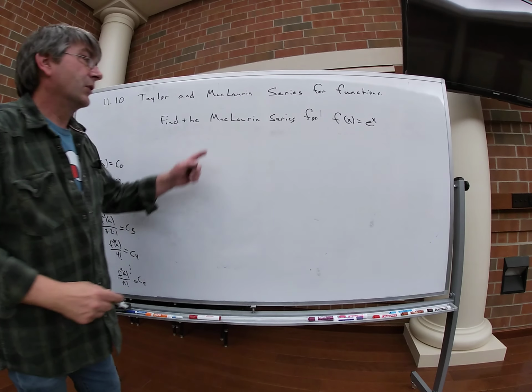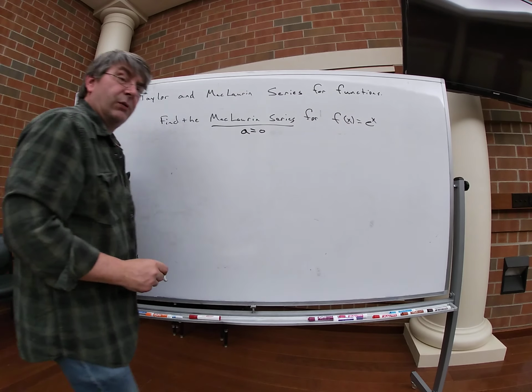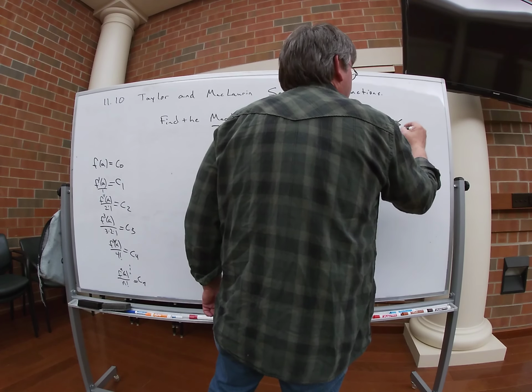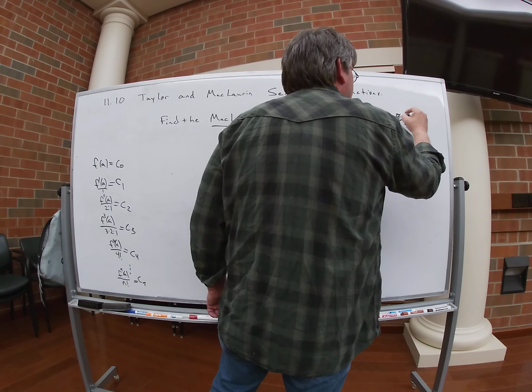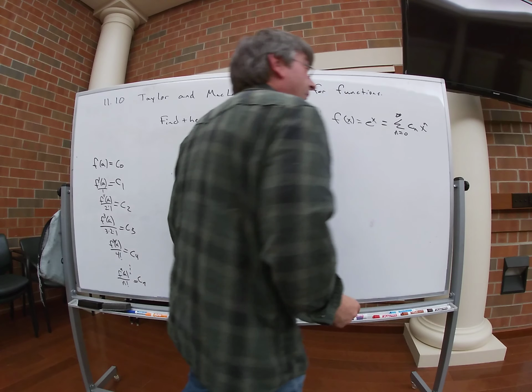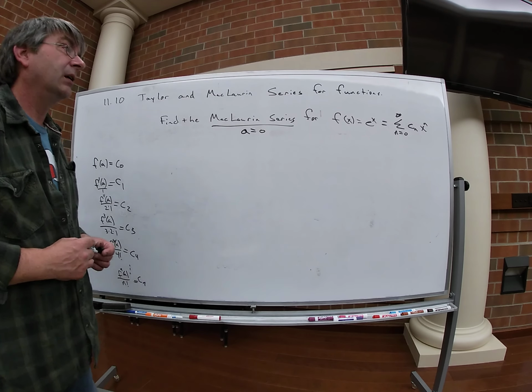Okay. So since it's a Maclaurin series, our center a is going to be 0. So I want to write this as the sum n equals 0 to infinity cn x to the n, and I want to figure out what my cn's are, x minus 0 to the n. Okay.